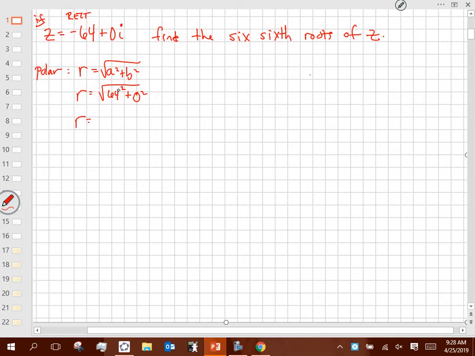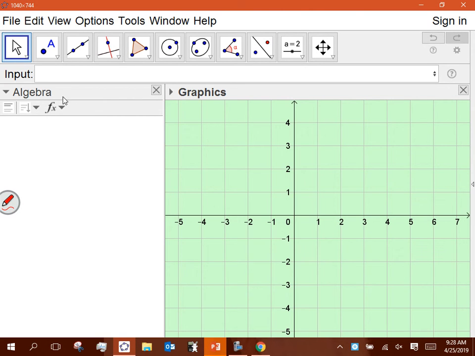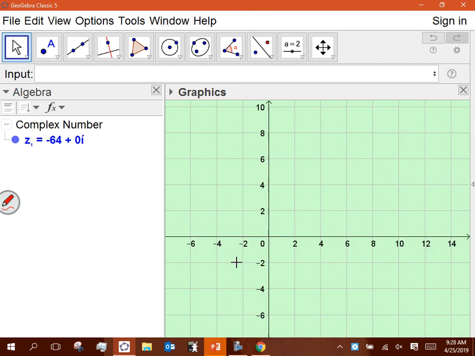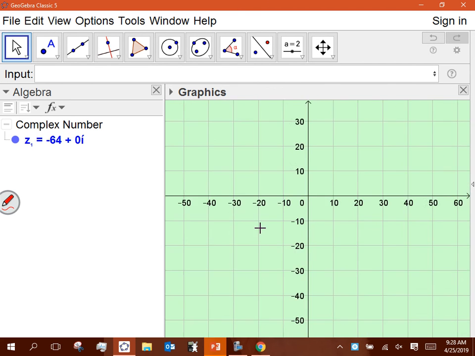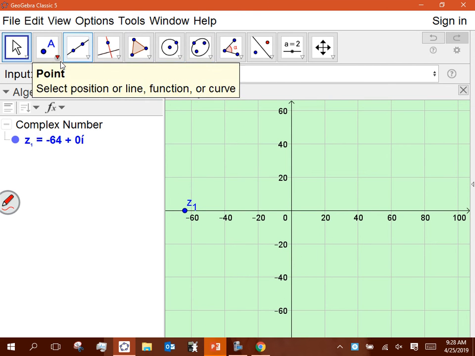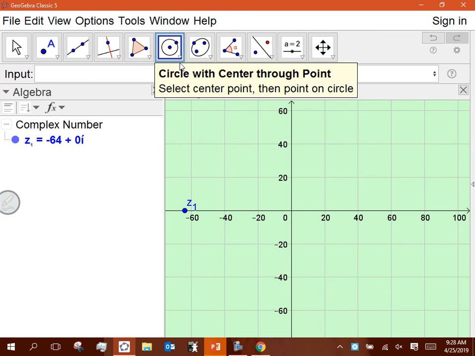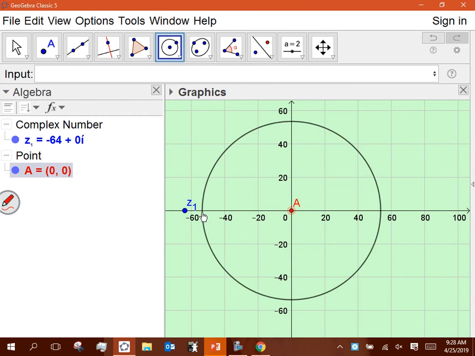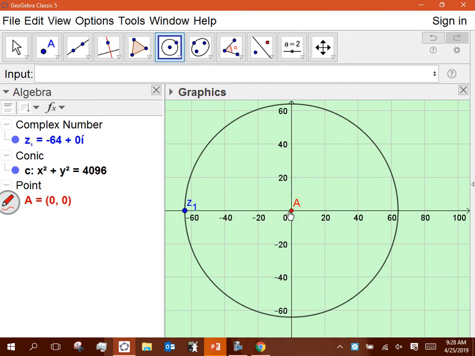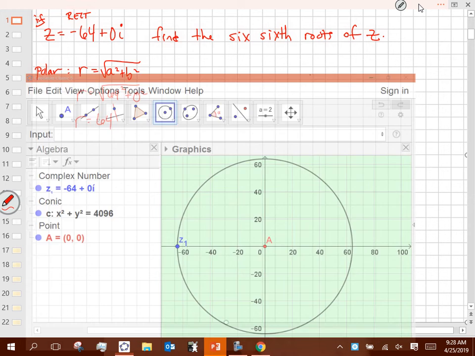So it gives me the square root of 64 squared. So r is just going to be 64. If I were to graph that point, negative 64 plus 0i, it is on a circle that has a radius of 64. Okay, so that should make sense.